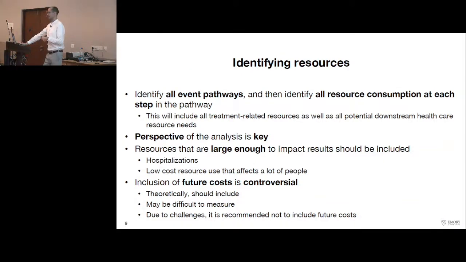As I mentioned, perspective is key, because the perspective dictates what costs to include, what costs to omit. In general, this can get really overwhelming, because there are so many costs along the way that can be included. So it's fair enough to exclude some, like 1 rupee here, 1 rupee there. That doesn't really matter that much.